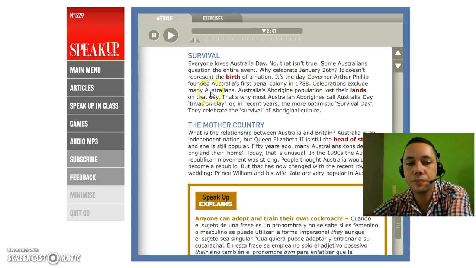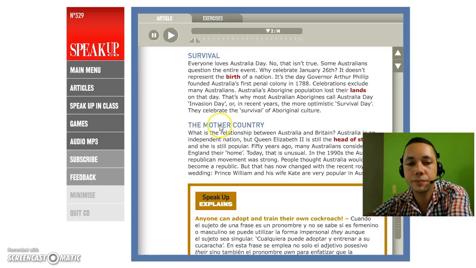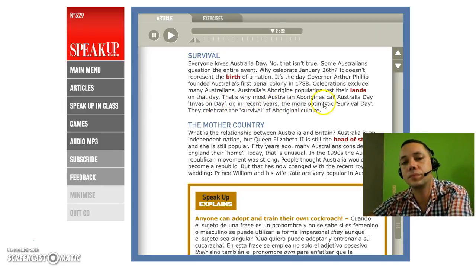Celebrations exclude many Australians. Australia's Aborigine population lost their lands on that day. That's why most Australian Aborigines call Australia Day Invasion Day, or, in recent years, the more optimistic Survival Day. They celebrate the survival of Aboriginal culture.